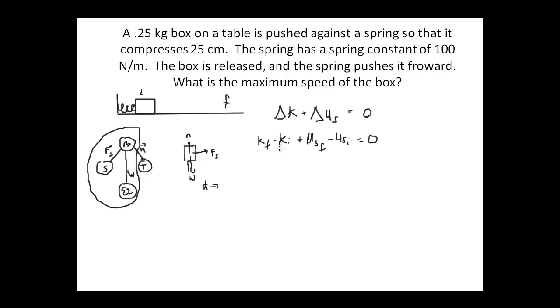Well, initially the box was not moving, so that would be 0. And at the end of the problem, it's not touching the spring, so there's no potential energy due to the spring at the end. So this reduces to the final kinetic energy minus the initial spring potential energy is 0.